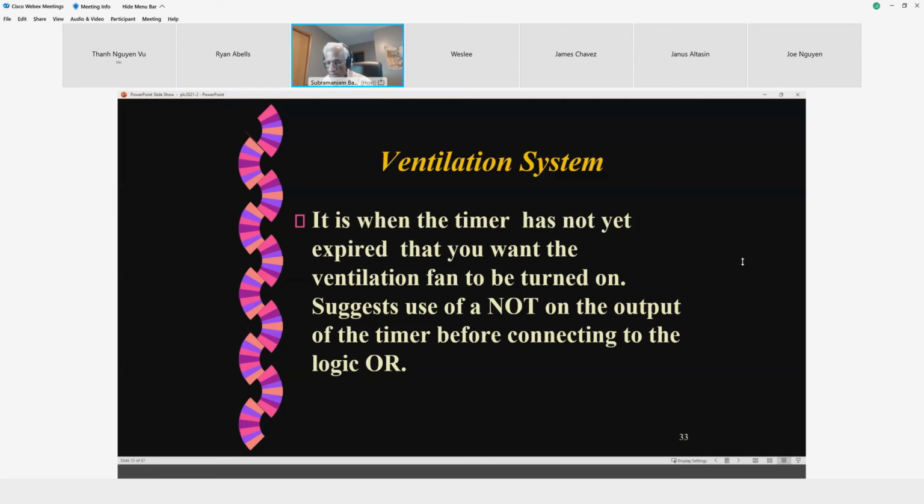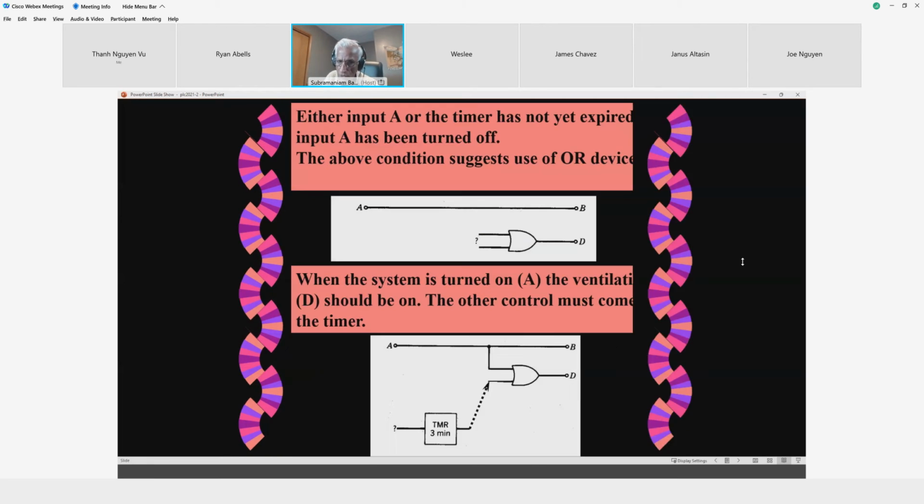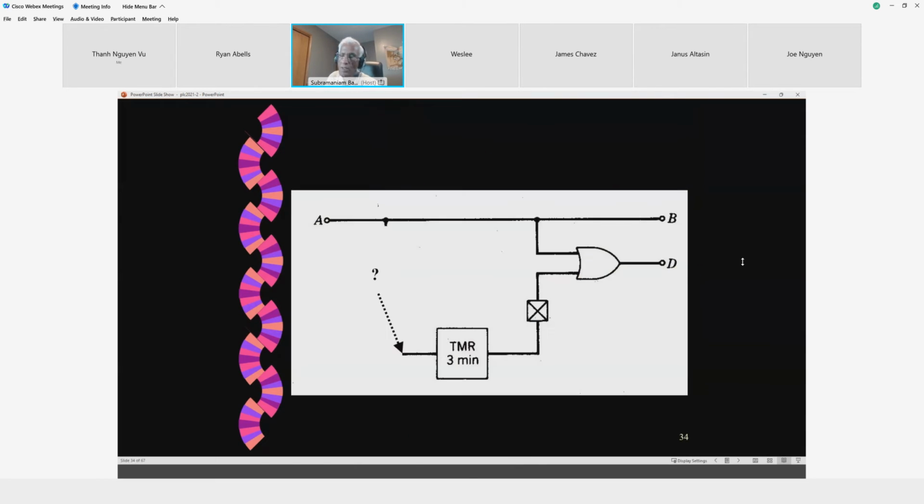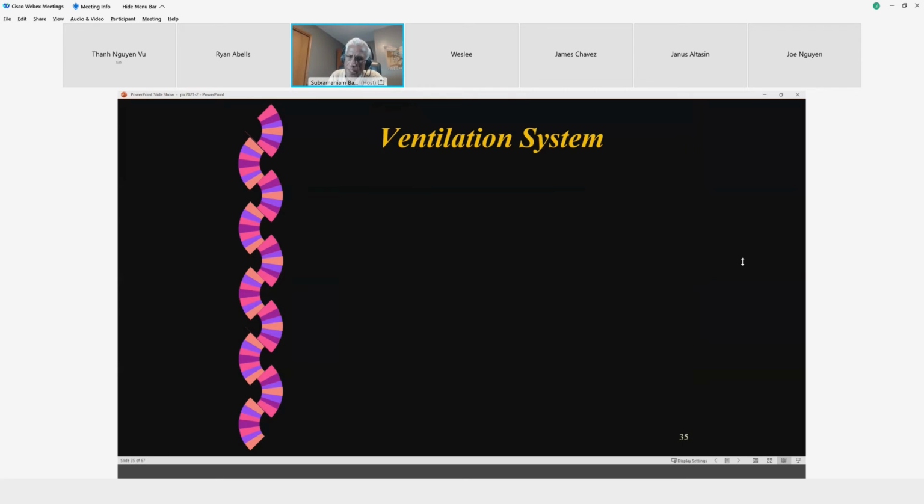So the R circuit shown here with the timer as the second input needs to have a NOT on its output. That's what is shown here. Okay, so that problem is solved. Now, how about the timer's input? What should it be going to? Is it going directly to the A, or is there something that's going to be in its path?